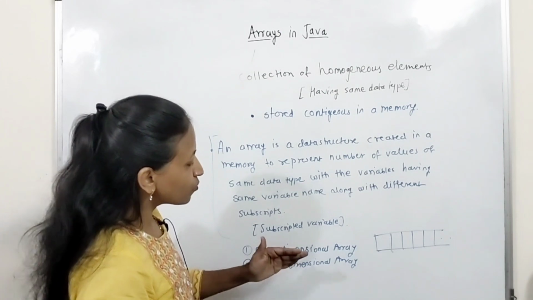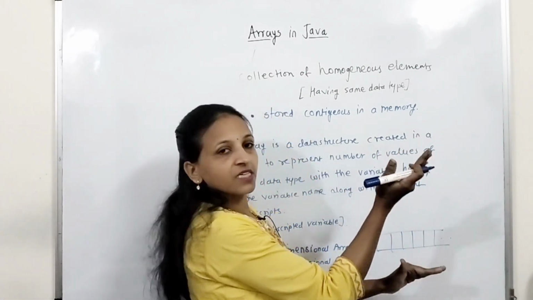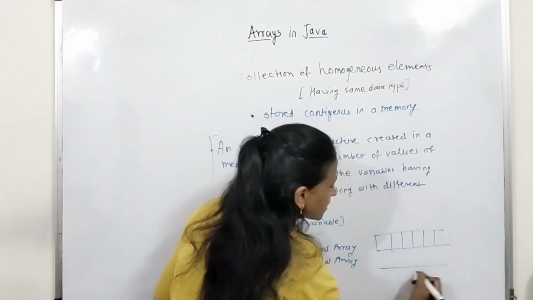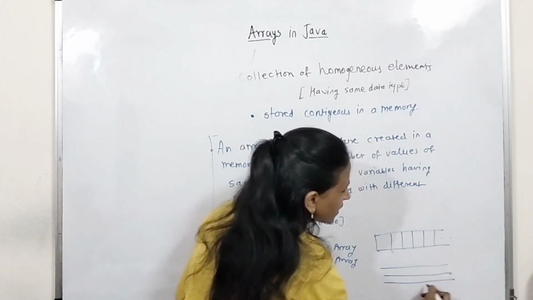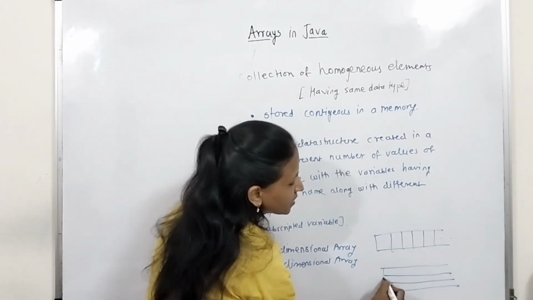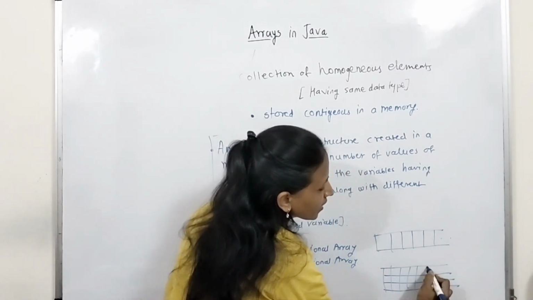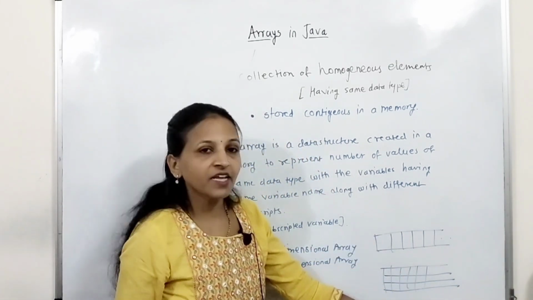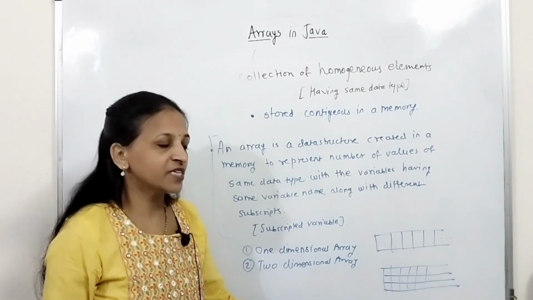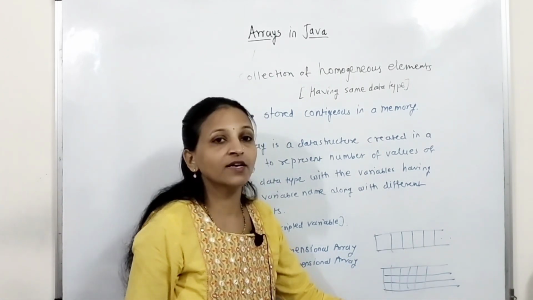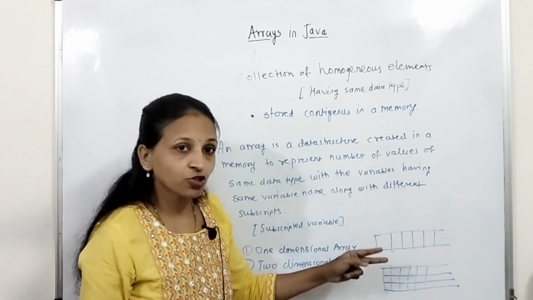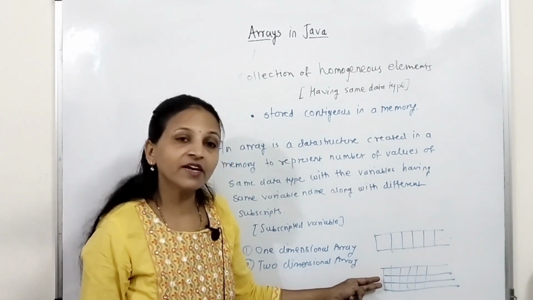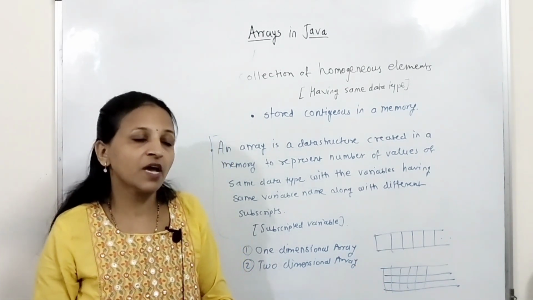And if you are grouping multiple single dimensional arrays, then the structure is like this. Let's say this is one array, this is a second array, this is a third array. Means here the structure is like rows and columns. That is nothing but a two-dimensional array, because it has two dimensions, rows and columns. Getting it? Here actually the concept is that a group of multiple one-dimensional arrays is nothing but a two-dimensional array.